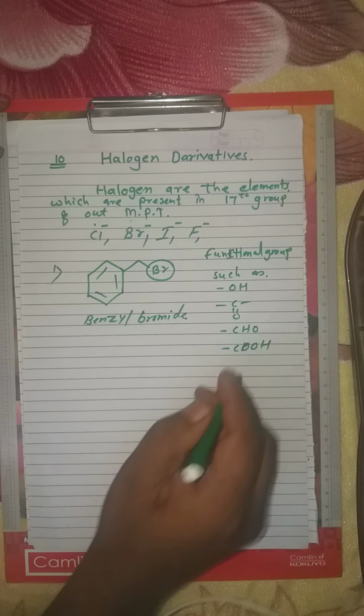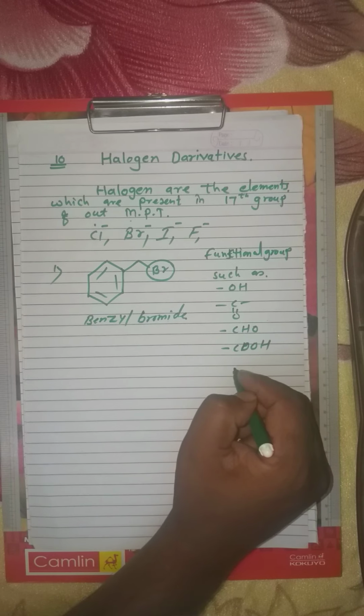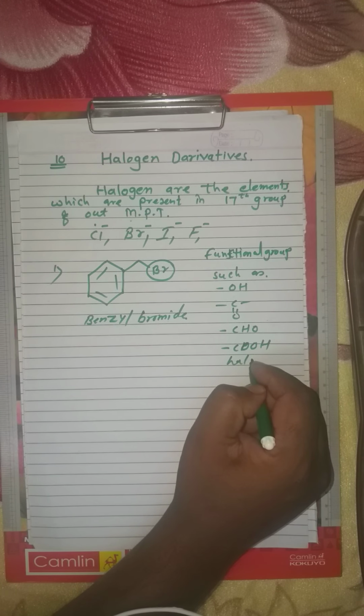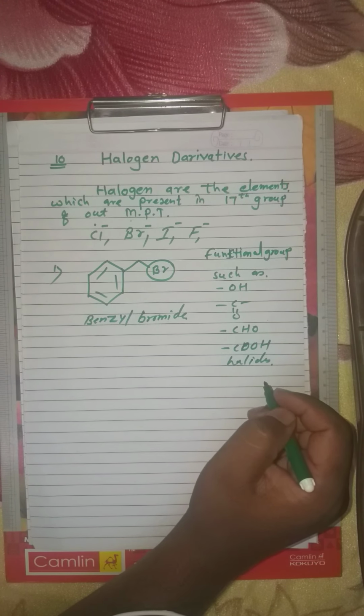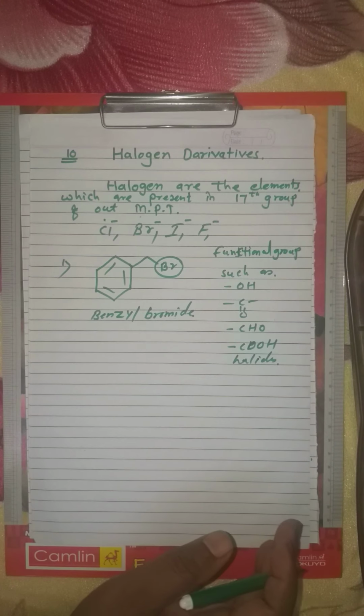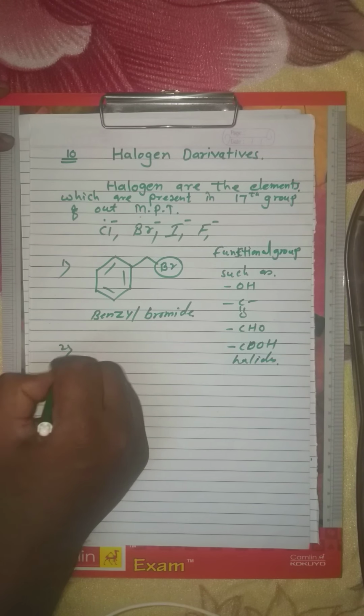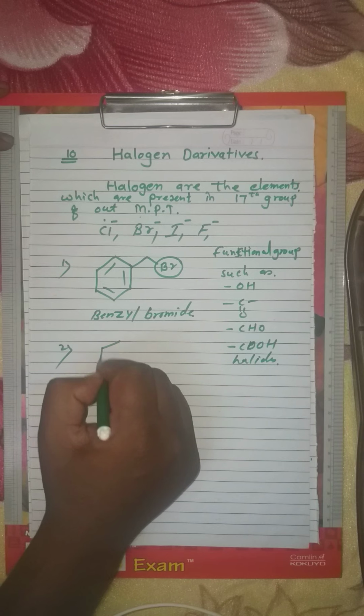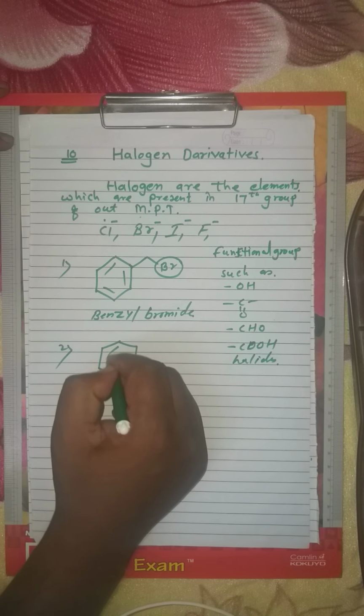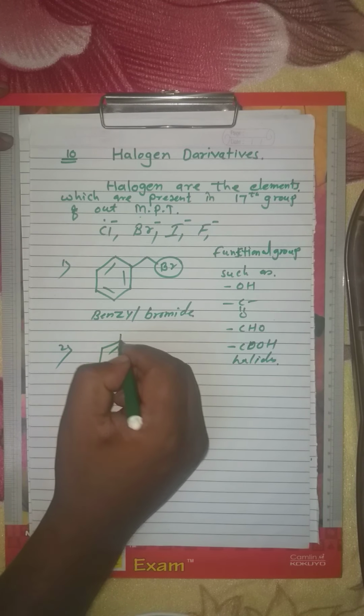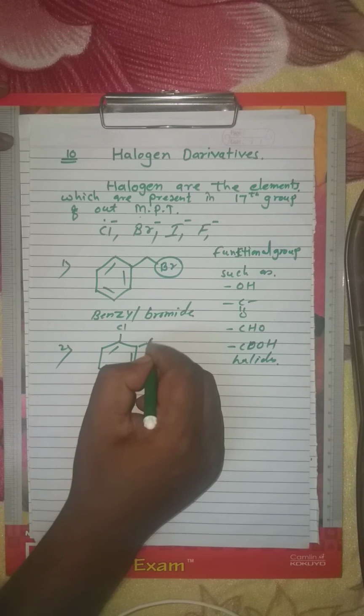So these are the functional group, and similarly halides are also functional groups. Now this is the first example. Second example is also given here, that include benzene ring, and to the benzene ring 6 chlorines are attached.